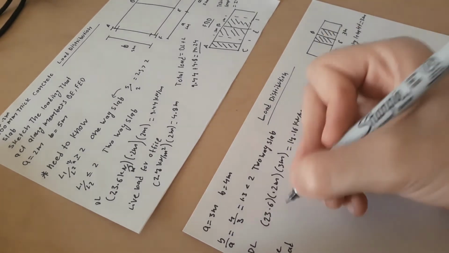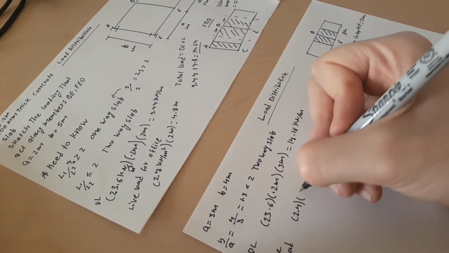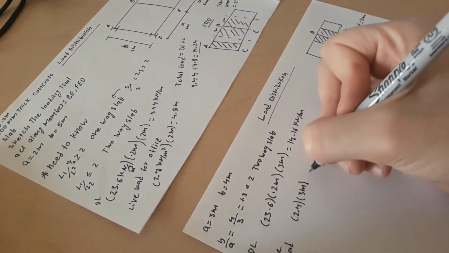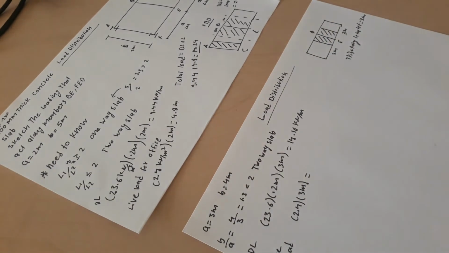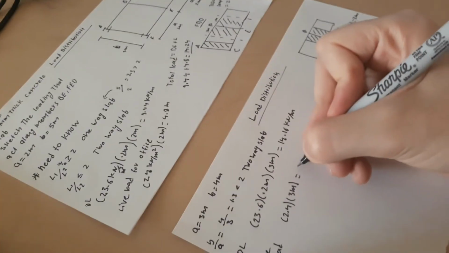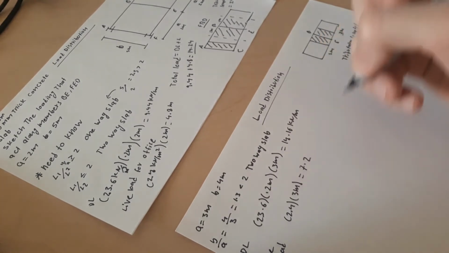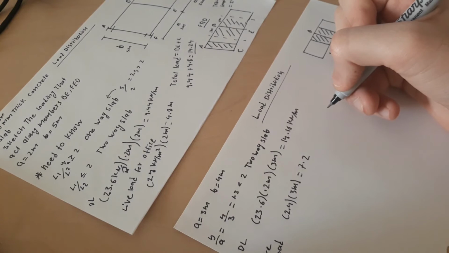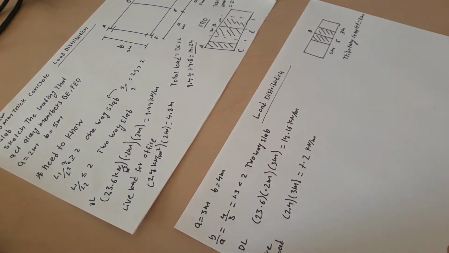The live load again is the same, 2.4, but this time we have to multiply by the new tributary length, which is 3 meter, and 2.4 times 3 gives us 7.2 kilonewton per meter.